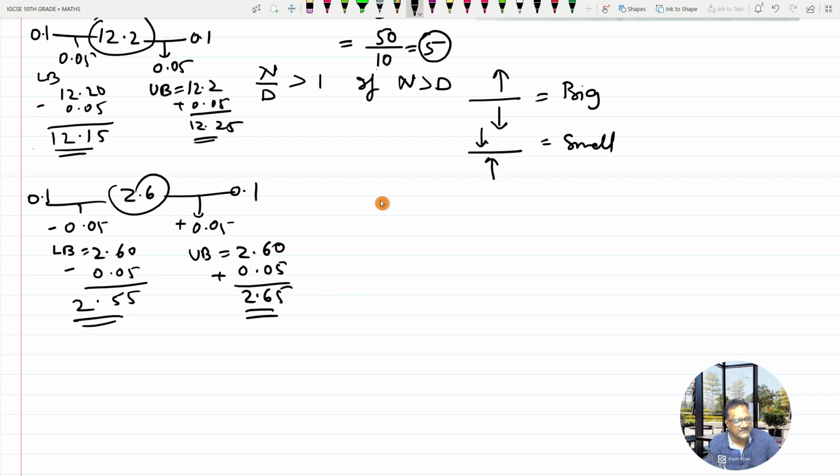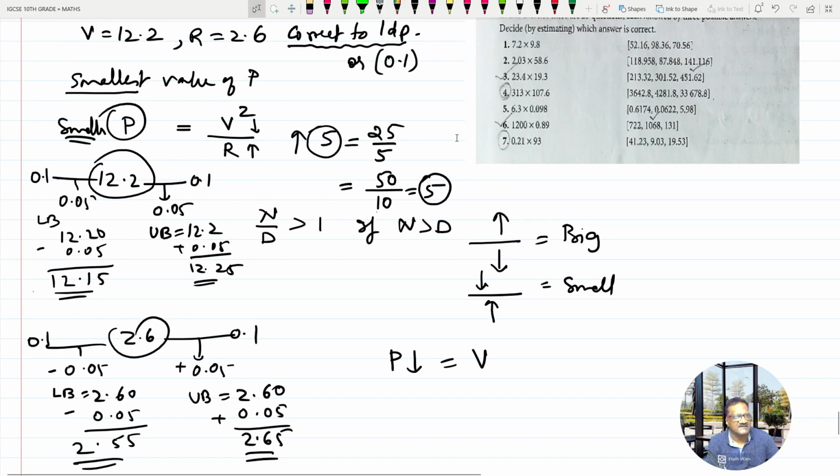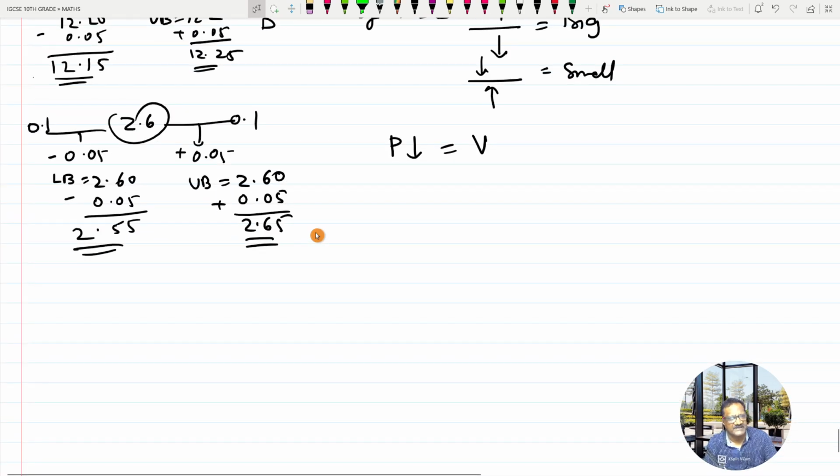Now, to have this P value smaller, my V should be what I told you, written here. For P to be smaller, my V should be smaller and R should be bigger. So for V, I will take the lower bound, V squared upon R. So lower bound for V is how much? 12.15.